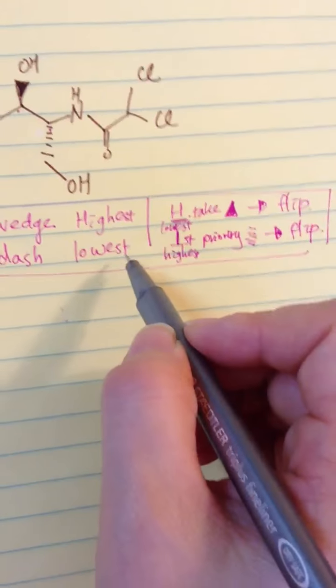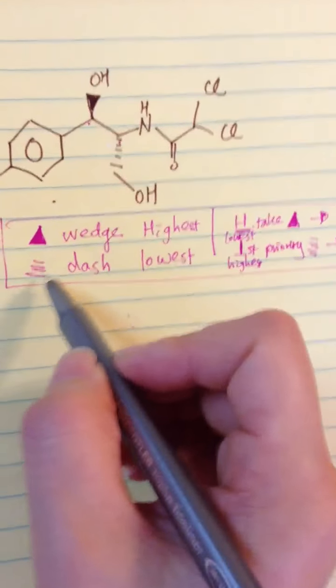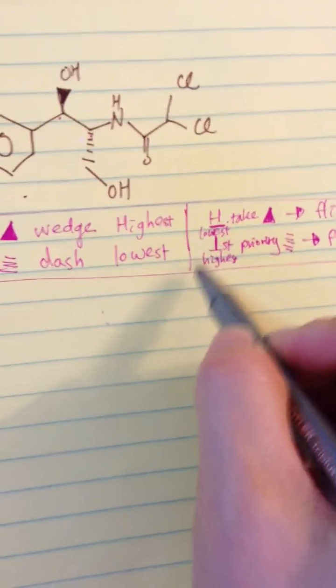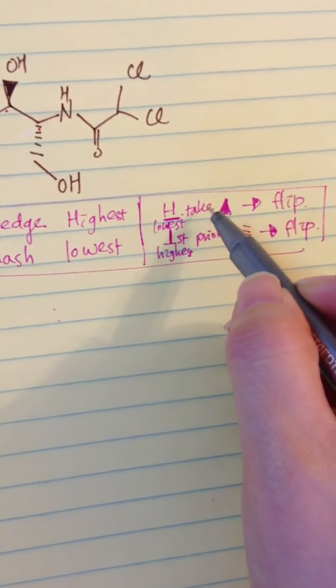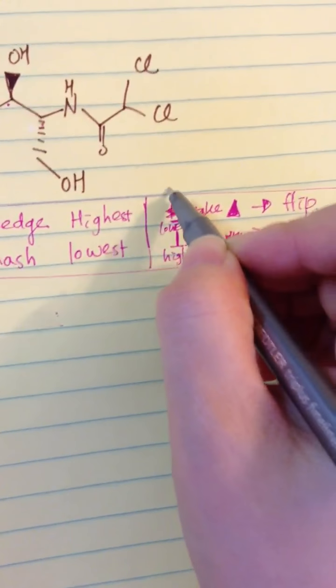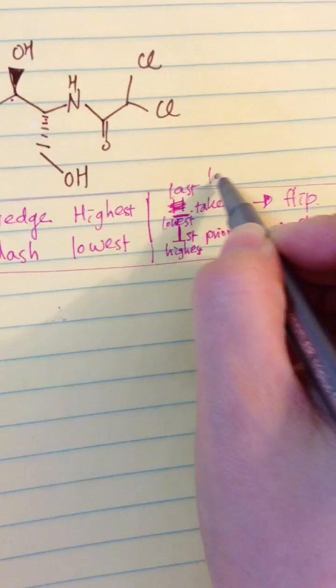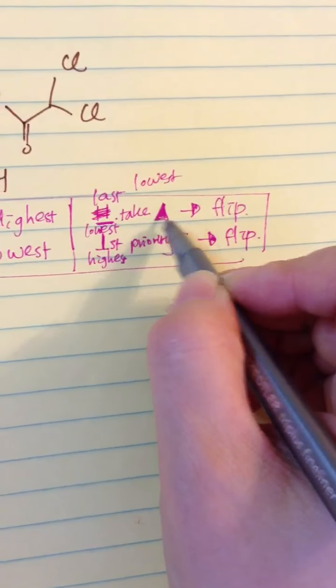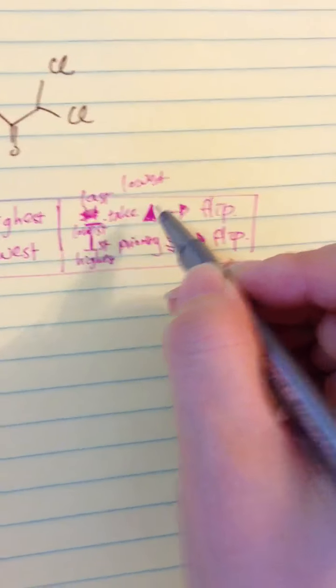Usually the highest is the normal, and the dash would be the lowest. But when the lowest priority takes the wedge, then you need to flip. So there are two conditions for flipping, right?